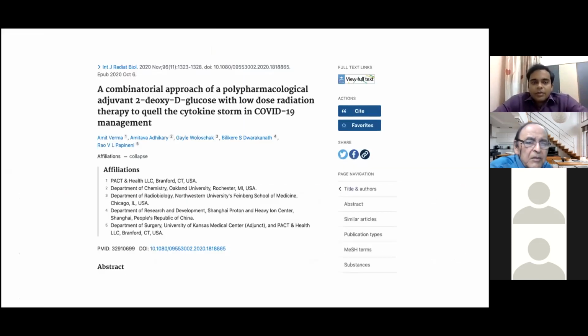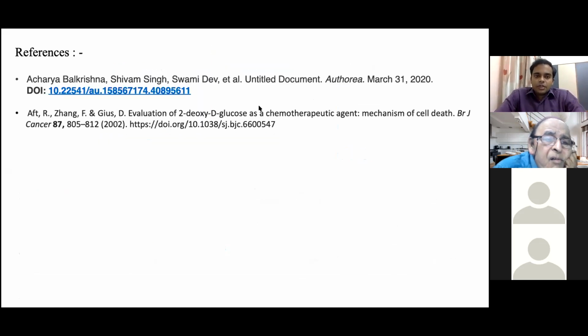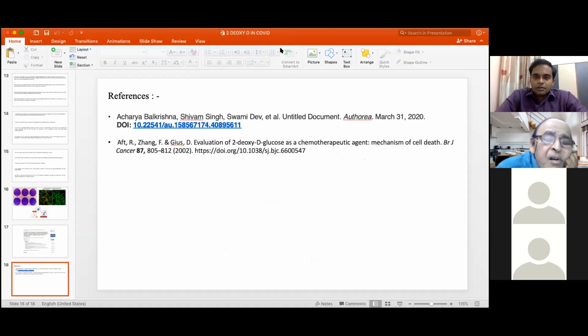I came across this article, which is a combined approach of adjuvant 2-deoxy D-glucose with low dose radiation therapy to improve the cytokine storm in COVID-19. This is a published article. So there is evidence, but how much evidence is good enough and how clinically relevant this is, we don't know. So yeah, thank you very much, sir.